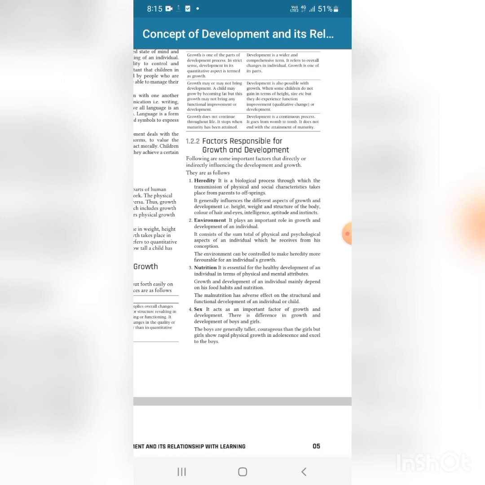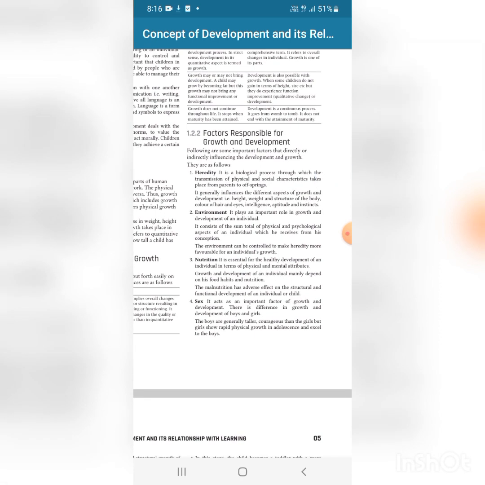A balanced diet which covers all the nutrients is essential for removing all the deficiencies and for active cognitive development of a child. Growth and development of an individual mainly depends on food habits and nutrition. Malnutrition has an adverse effect on the structural and functional development of an individual or child.